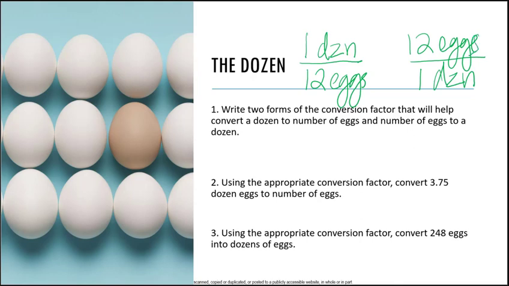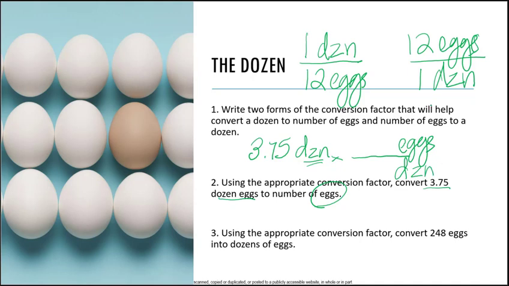Okay, so let's use one of those conversion factors to convert 3.75 dozen eggs, so 3.75 DZN, into eggs. Similar to when we did metric conversions, what do we want? Eggs. What have I got? Dozen.